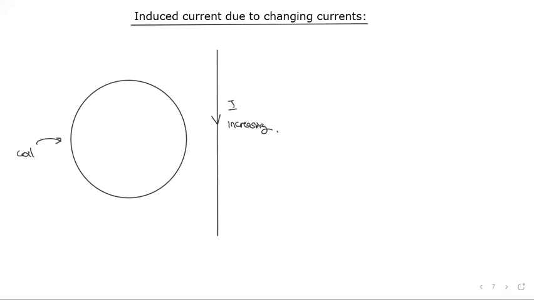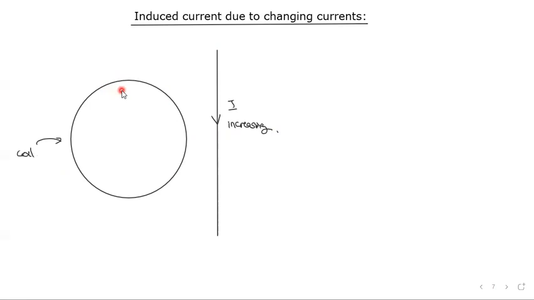We'll now take a look at this example where we're going to look at this coil, which is placed next to a wire which carries current. But this current is changing. In this case, we're saying it's increasing. And basically, due to this increasing current, there's going to be an induced current in this coil, and we're going to work out what direction that is in.